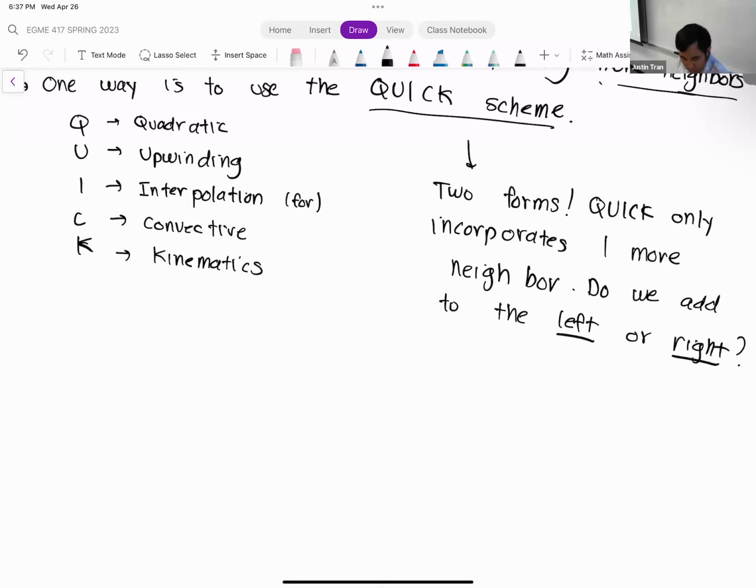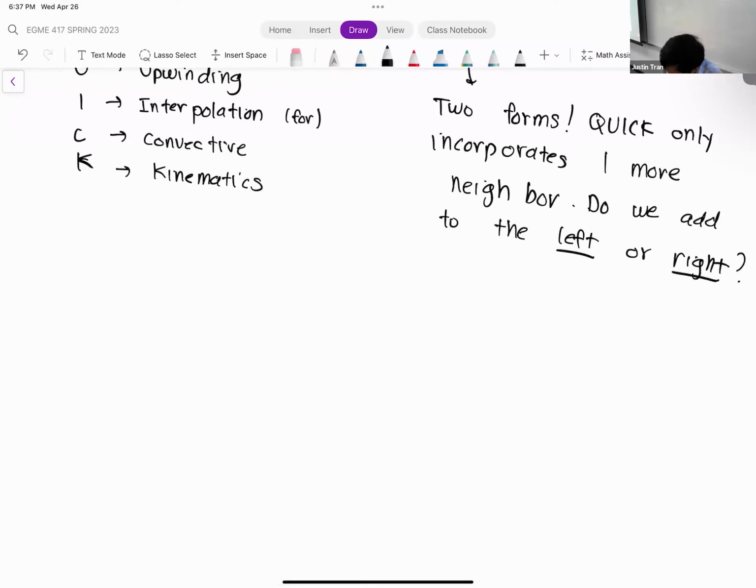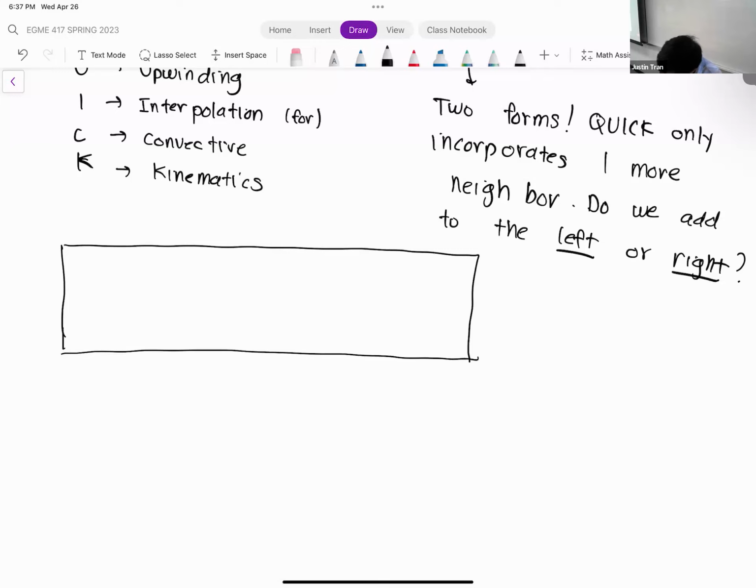All right, so let me show you the two versions. For all of these, we're going to use the same figure, so let me go ahead and draw it. The cell in question is going to be this one right here. So this is phi sub c, in the middle but off to the left.